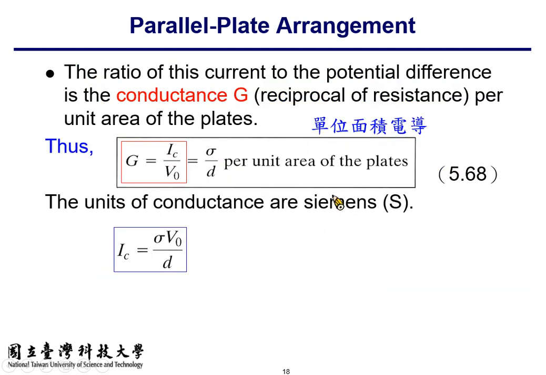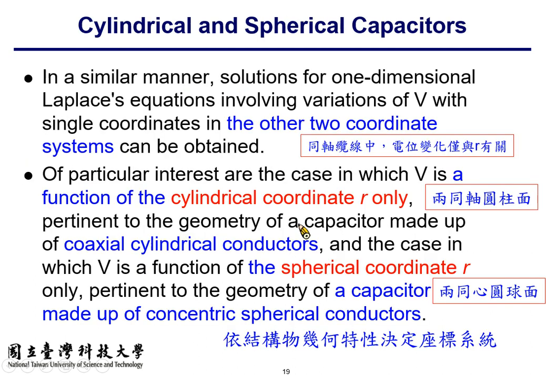Okay, so that's the per unit area capacitance and conductance of the parallel plate structure.